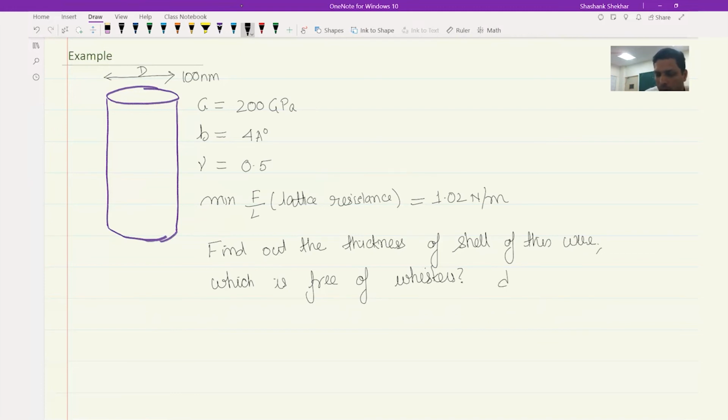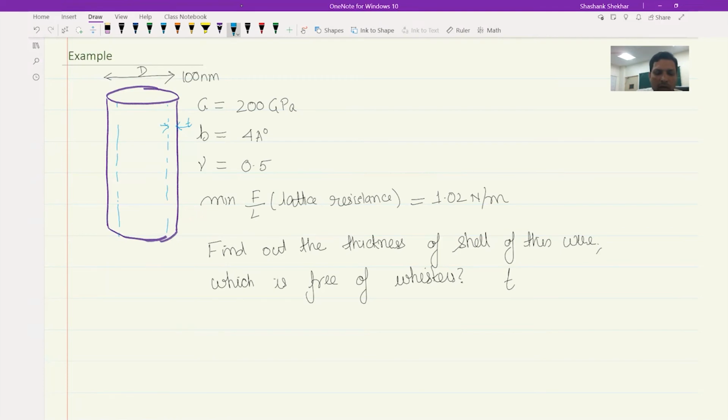So you have to find out T, where T is this distance.